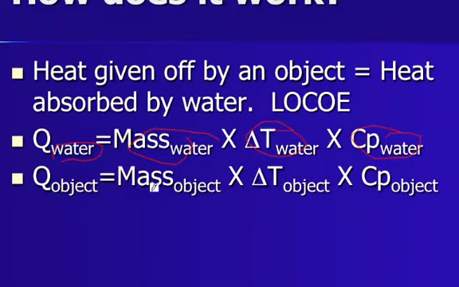The object, therefore, if we know the mass of the object and the change in temperature of an object and the specific heat of an object, we can know the Q of the object. These two Q's have to be equal, because if the object loses heat, then the water will gain heat. So you can figure out sometimes the mass of an object. If you know the Q and you want to find the mass, you can find that.